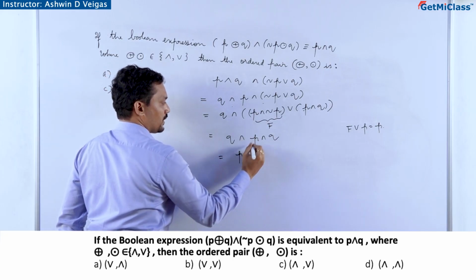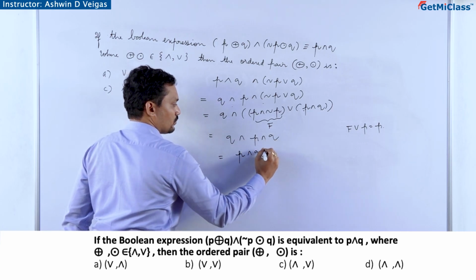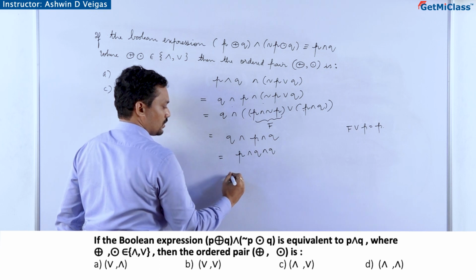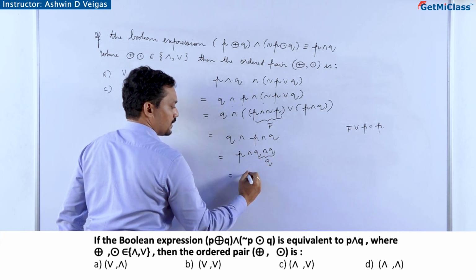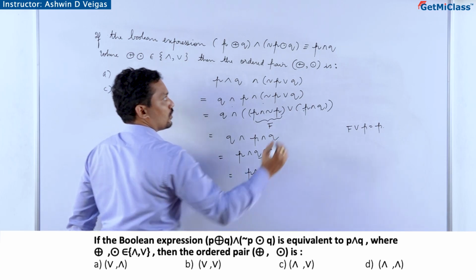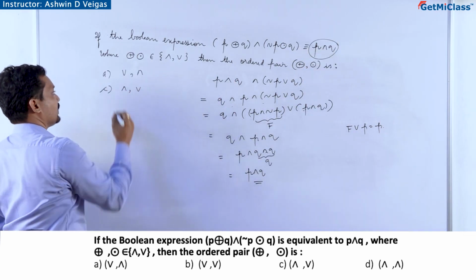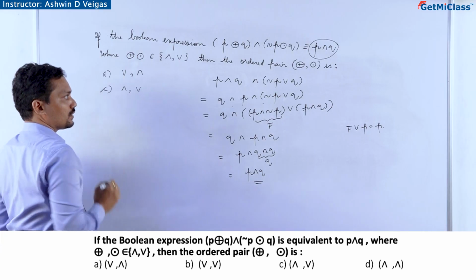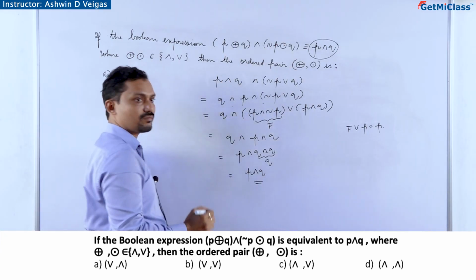So this P can be written first, Q can be written second, and Q. So now you know that Q and Q is Q, so you will get the answer as P and Q, and therefore this is what we actually needed. Therefore, as I said, option C, that is and, or, if you interchange in these two positions, you will get the required answer.